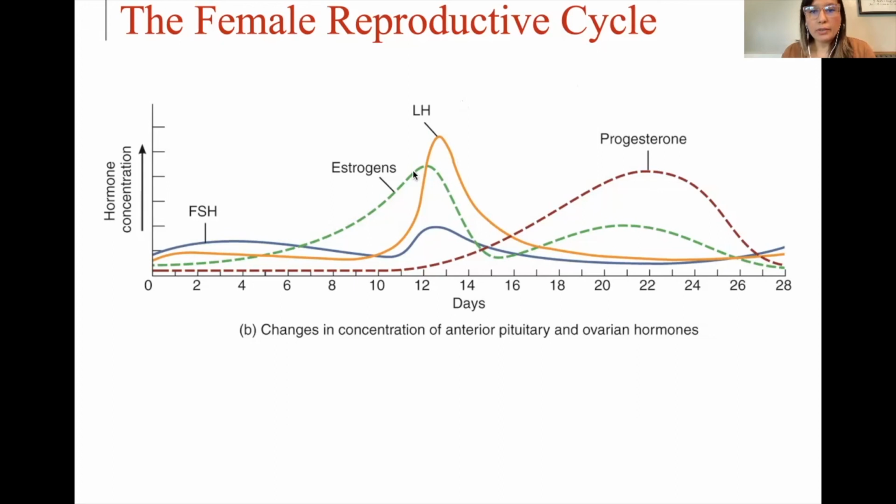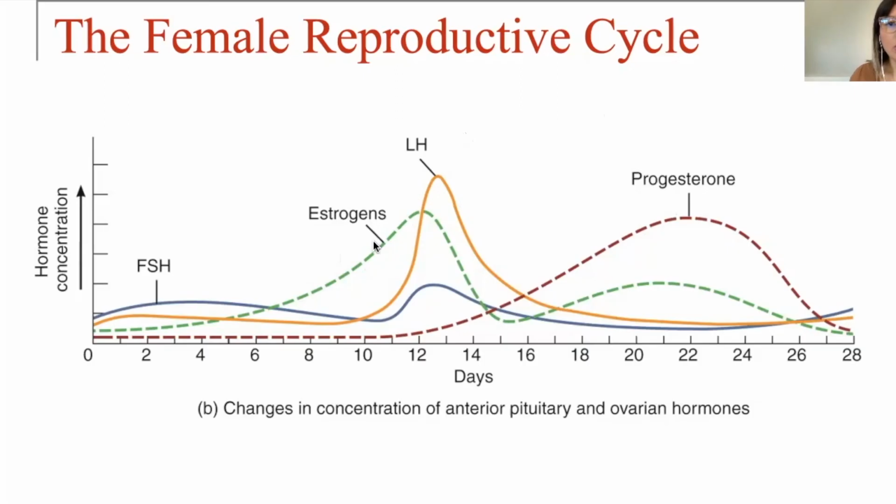Third hormone that we have to look at is estrogen, and progesterone as the fourth hormone. And that's why they are dashed, because they come from the ovaries, right? So estrogen, notice that it begins very low during those first days of menstruation. And then approximately on day 6 or day 8, it starts to increase. There's an increase in the estrogen levels in blood.